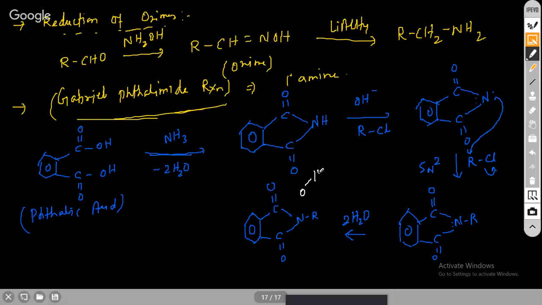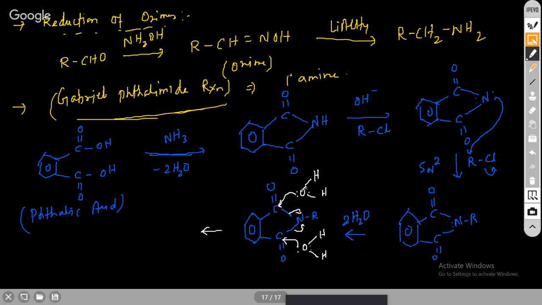This H2O molecule, with its lone pair, attacks onto this carbon, right? And another H2O molecule with its lone pair attacks onto this carbon, right? And these two bonds get broken.